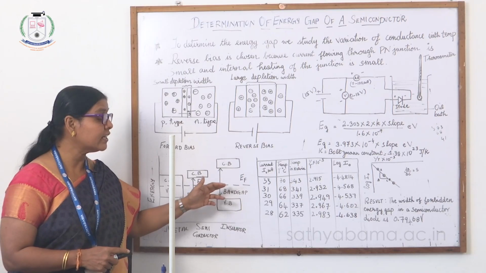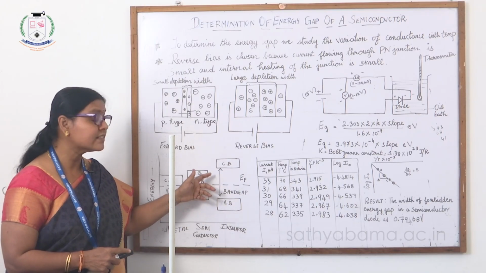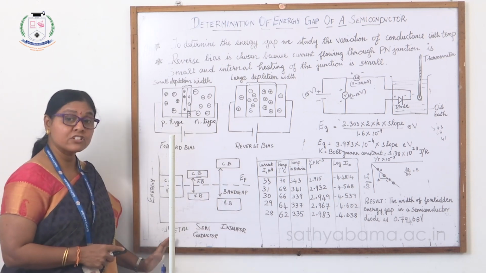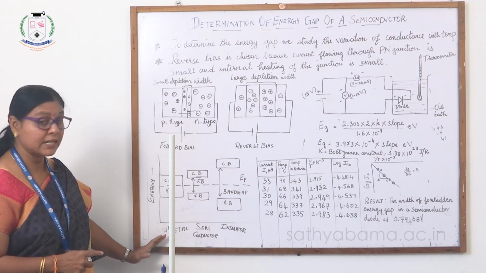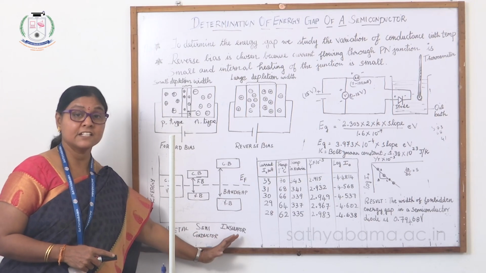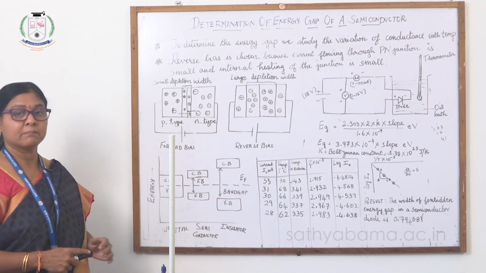There is no energy level for the electrons existing in this forbidden band. So that's how we can differentiate between a metal, that's a conductor, a semiconductor, and an insulator based on the energy band diagram.